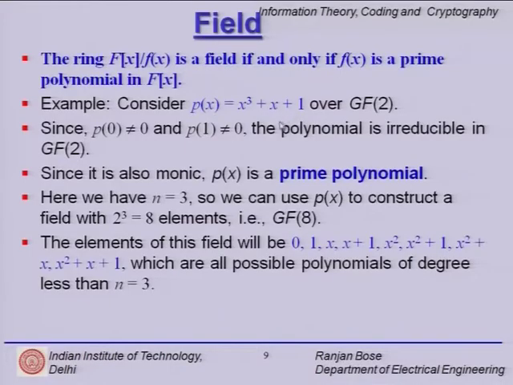Please note that when you carry out F(x) divided by f(x), and in this case we are putting in p(x), then the residues, all the remainders have a degree 2 or less. So, if the degrees are 2 or less, then we have 8 distinct polynomials here.